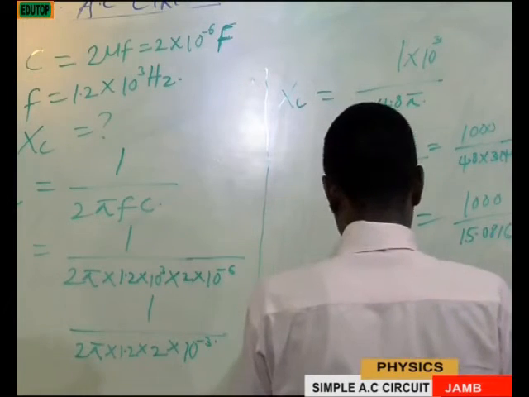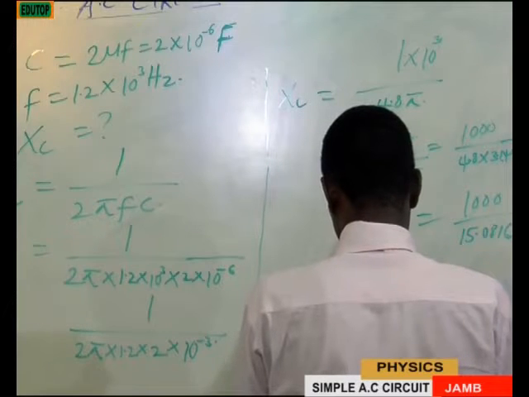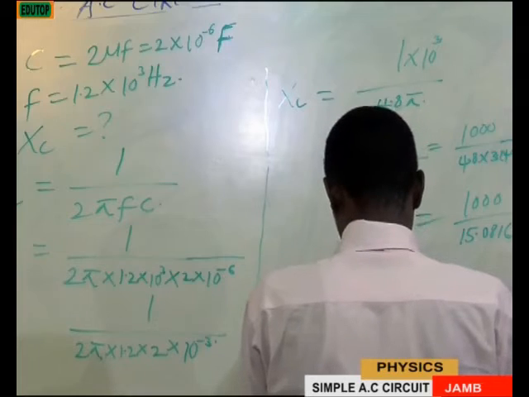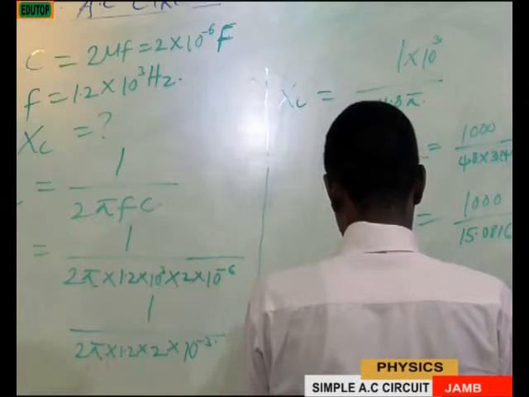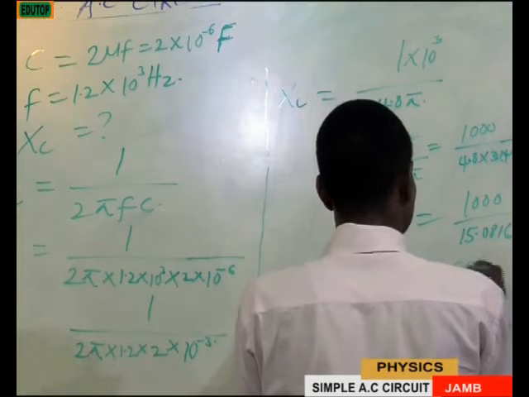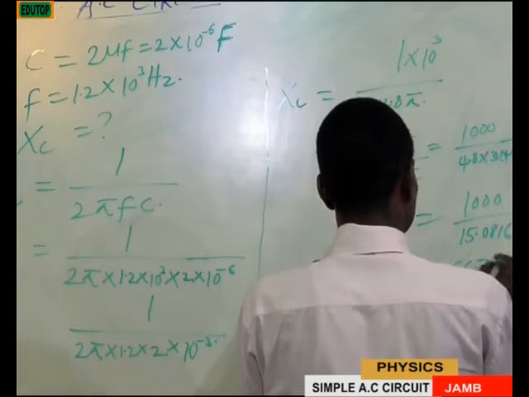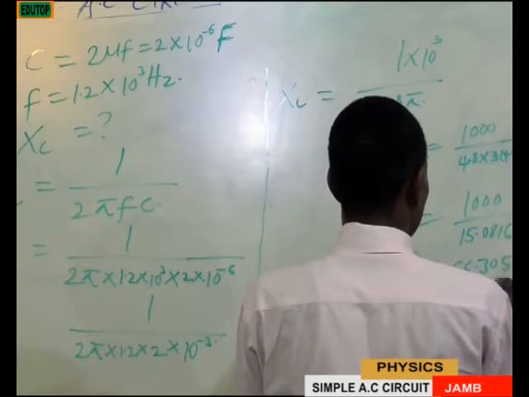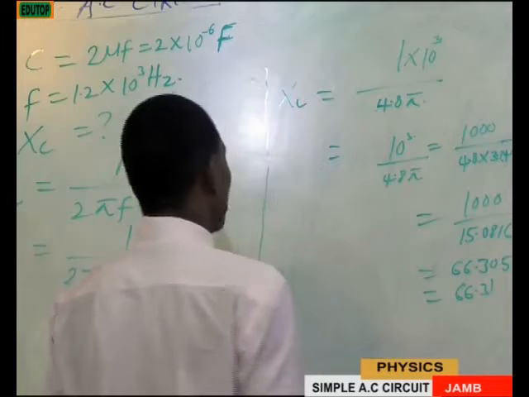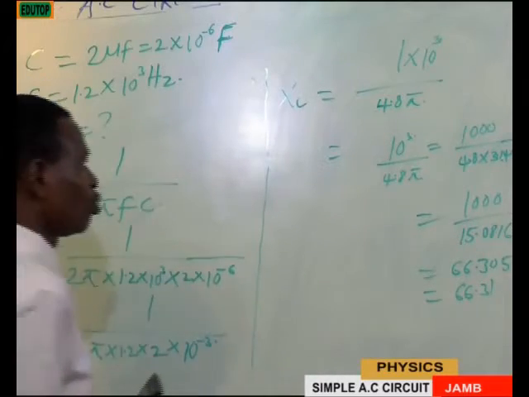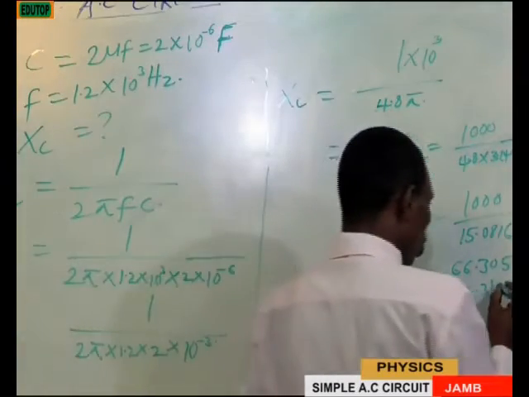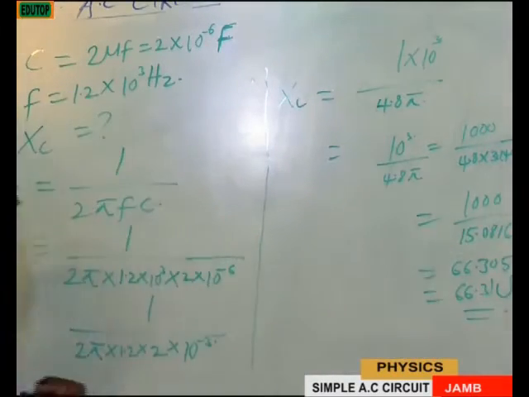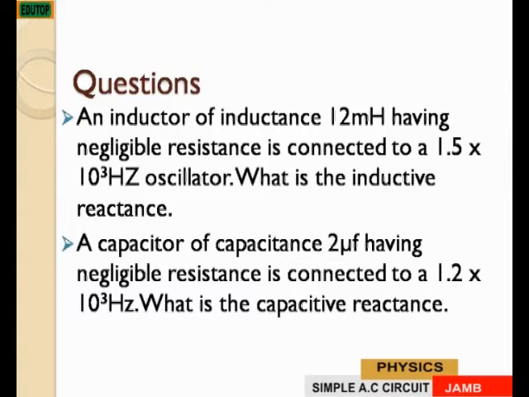And if we divide 1000 by it, we are going to have the value 66.305. Okay? You can say 66.31. And we are looking for capacitive reactance. What is the unit? Ohm. Ohm is the unit. And that's a simple solution to that question.